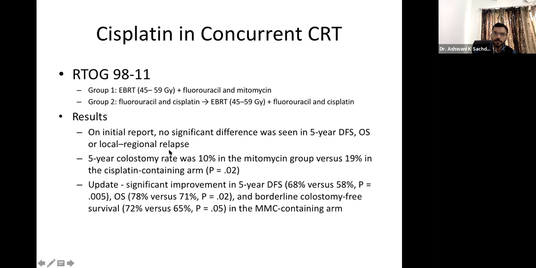But an update to this trial has shown that disease-free survival, overall survival, and borderline colostomy-free survival are better in the mitomycin-containing arm. So the long-term data has shown that mitomycin is better than cisplatin if to be added with chemoradiation.